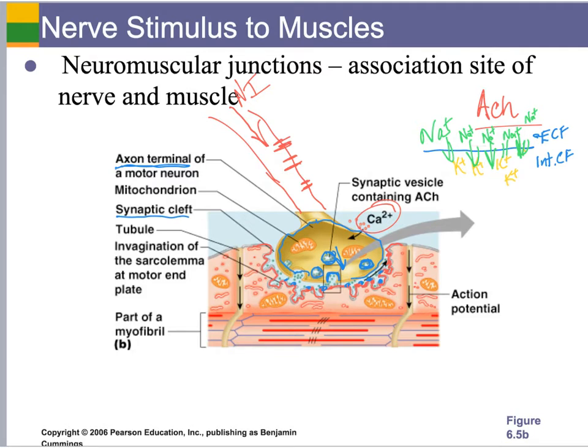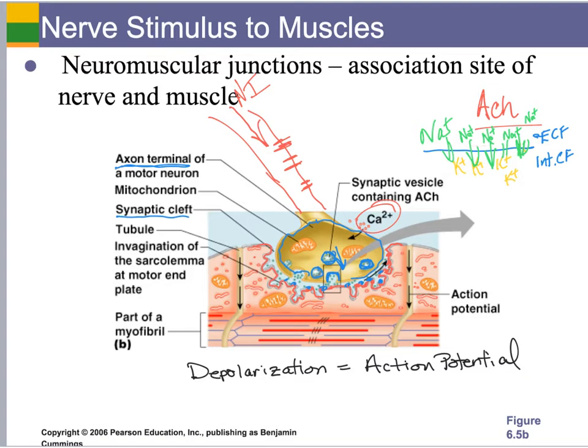When the sarcolemma becomes permeable to sodium, and sodium rushes in, now we have depolarization of the sarcolemma. And that depolarization is what we call the action potential. Okay? So depolarization is the action potential.